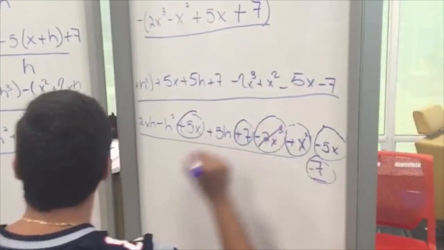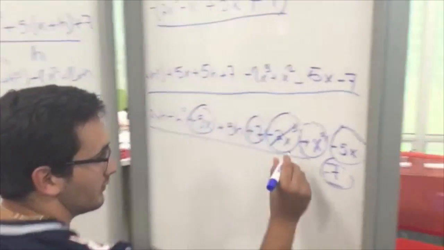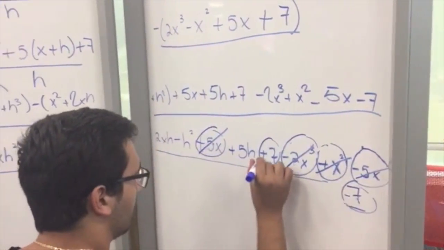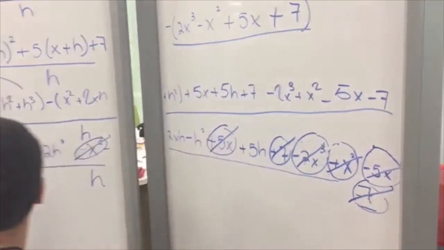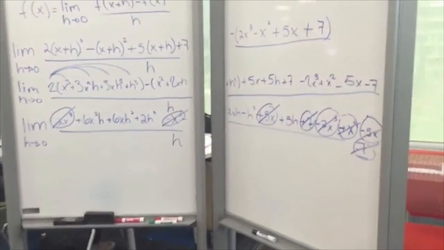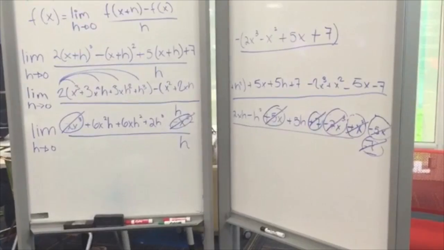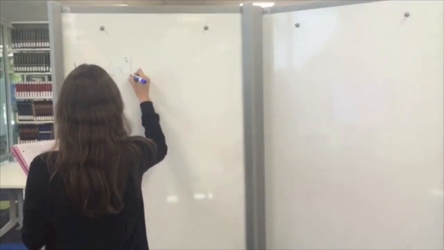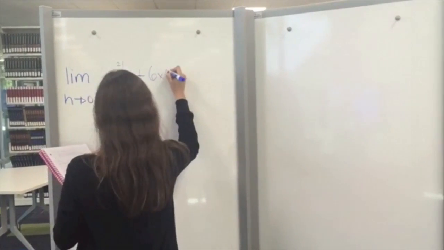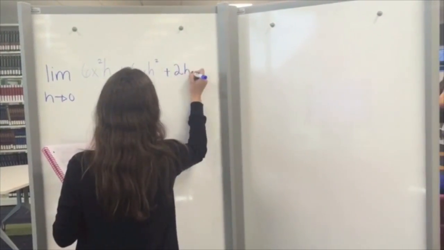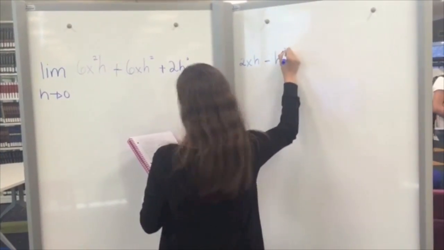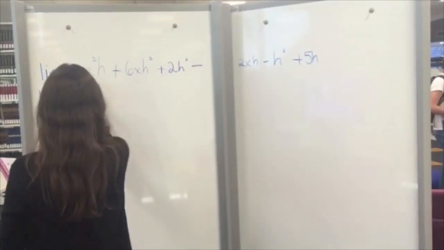It also happens with negative x squared and positive x squared, also with 5x and negative 5x, and last with 7 and negative 7. So now that we cancel the numbers, we are going to take them out and rewrite the fraction. Remember always to put at the beginning the limit as h approaches 0, and everything has to be divided by h, always.